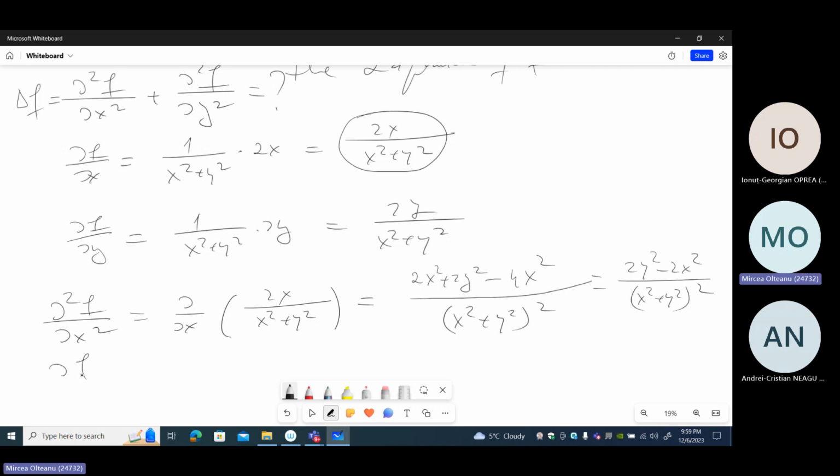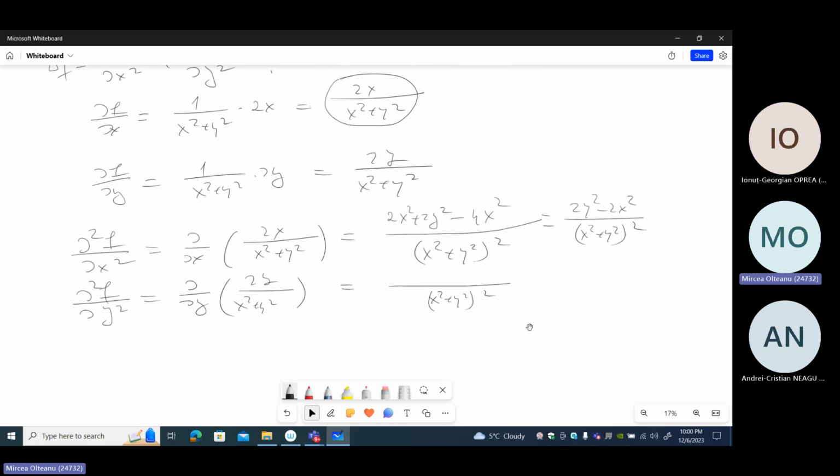And now the other one, the second partial derivative of f with respect to y, which means to differentiate 2y over x squared plus y squared with respect to y.